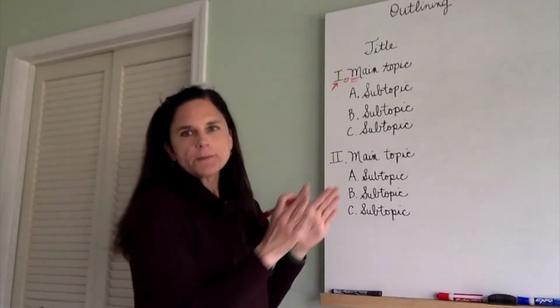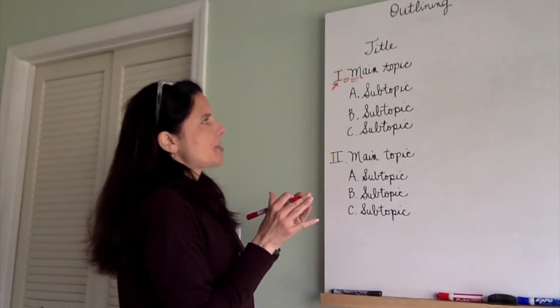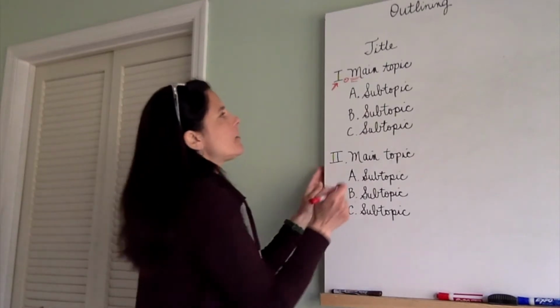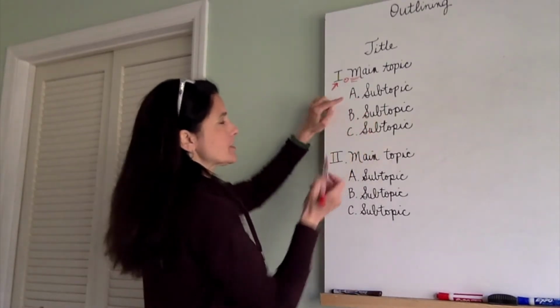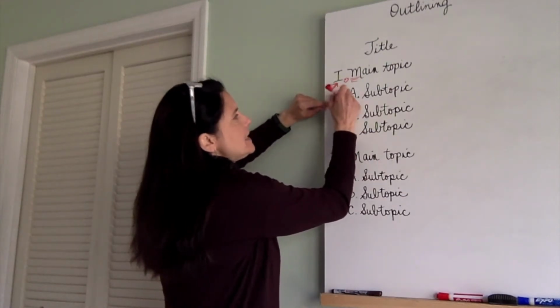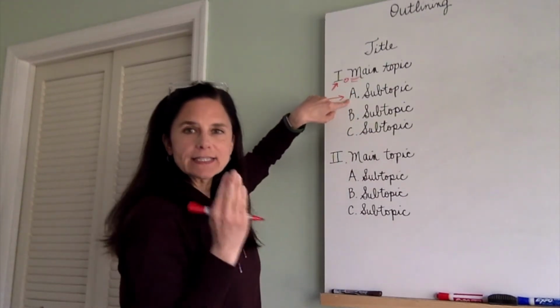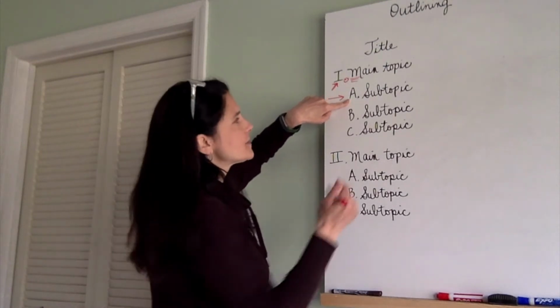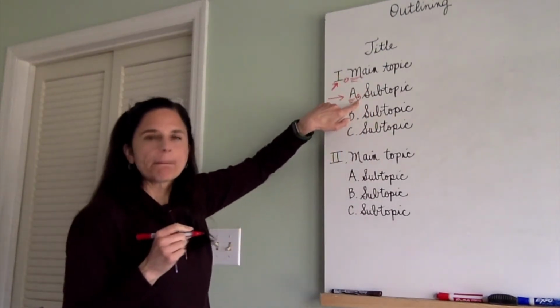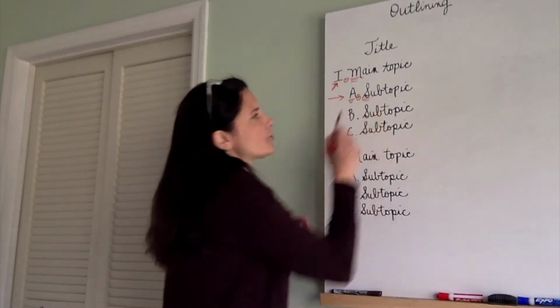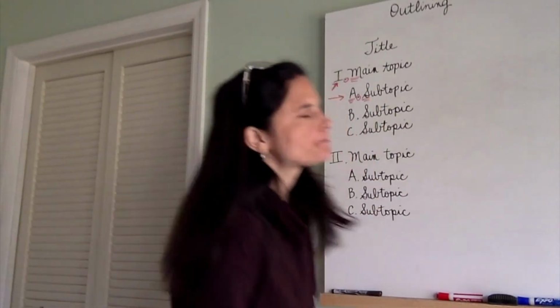Now all of the subtopics that go underneath that main topic are indicated by the capital alphabetical letters. And notice that you indent, you capitalize A, capital A for your first subtopic, and it is followed by a period. And then you're going to capitalize the first letter of your subtopic.